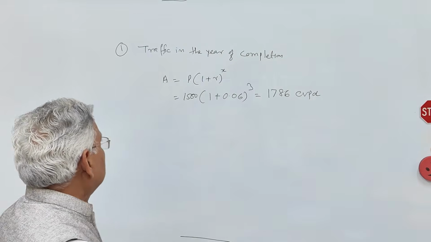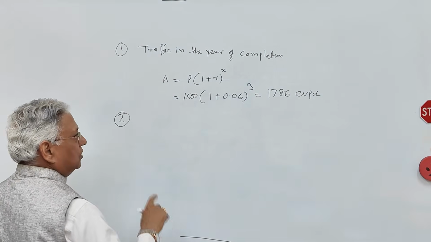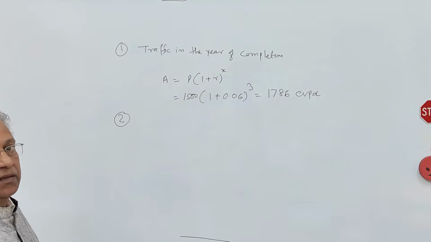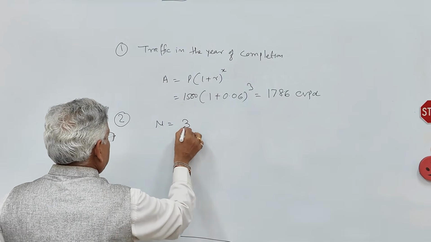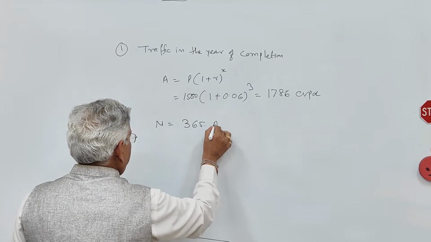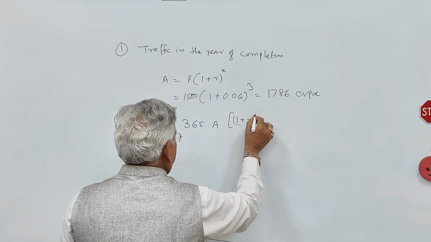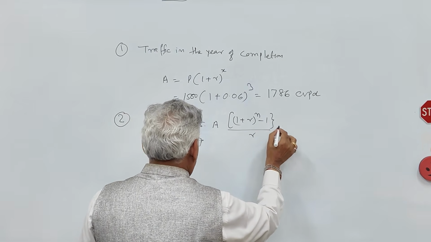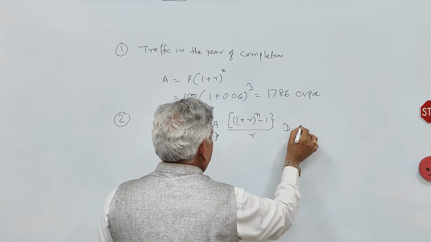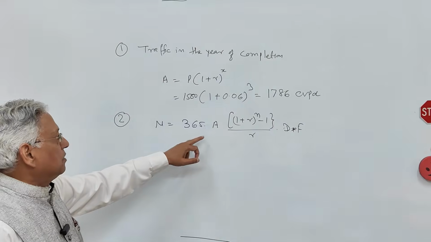Now you find out the design MSA, the total number of commercial vehicles during the design period. N is given by this equation: 365 into A into (1 plus R) power n minus 1, upon R, into D into F. Now understand these parameters.